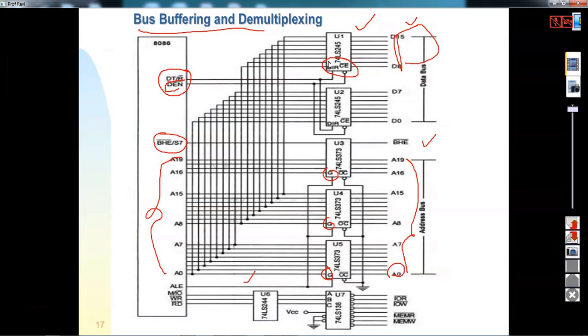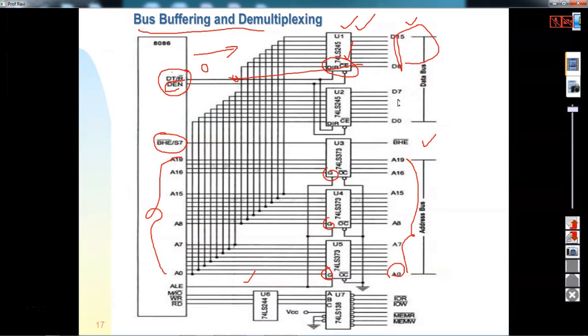When it is low, the chip select is selected and the 245 buffer is enabled. And how data should be transferred: if DT is 5 volts, then processor to memory it will go ahead. And DT/R bar means the processor is receiving the byte from the memory.